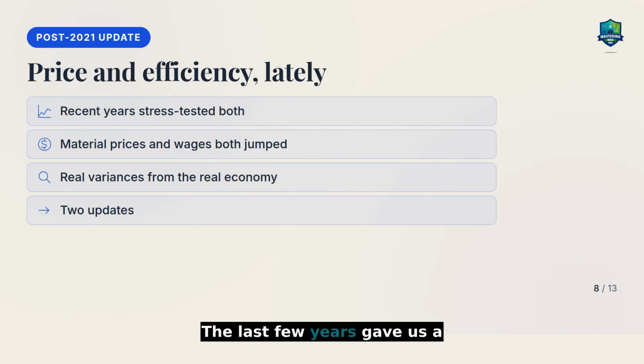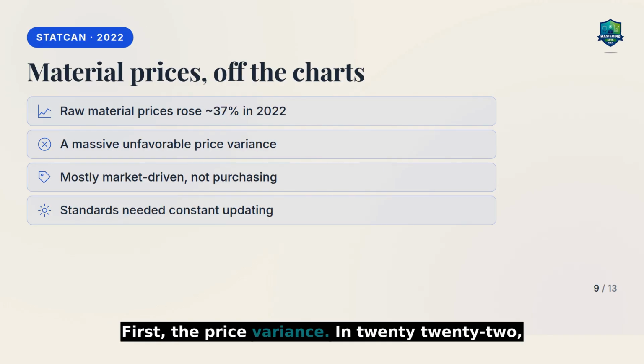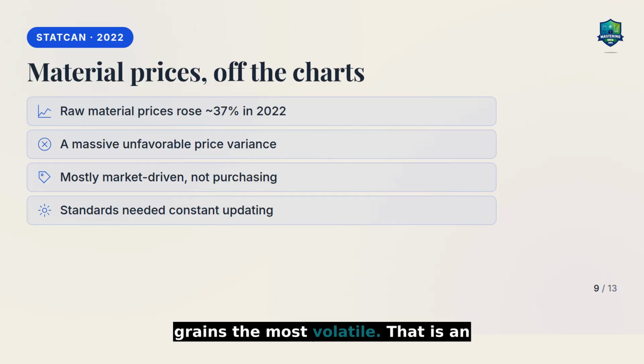The last few years gave us a live experiment in both kinds of variance. Material prices and wages both moved sharply, producing exactly the price and efficiency variances we just defined. Two updates from the field. First, the price variance. In 2022, raw material prices paid by manufacturers rose by roughly 37% year over year at the peak, with commodities like crude oil, metals, and grains the most volatile.